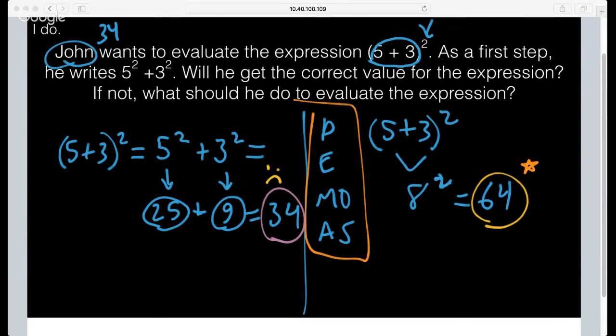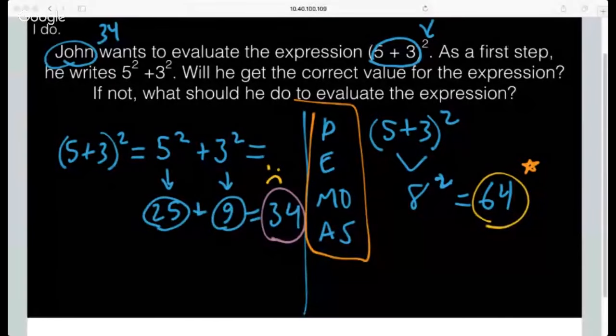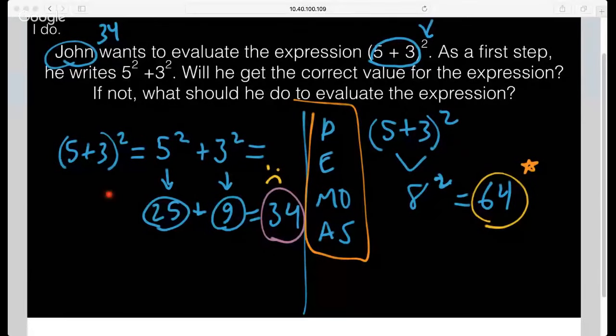Are you guys able to see my screen moving? Okay. Notice that he went straight to exponents. He took this exponent and he decided to give it to all of the addends inside of the parentheses. This is the same as 5 squared plus 3 squared?